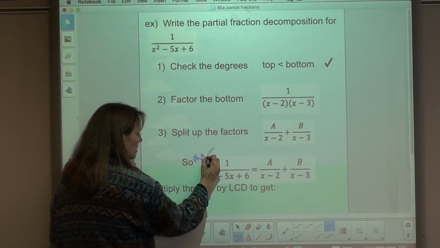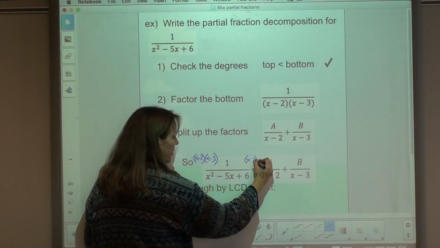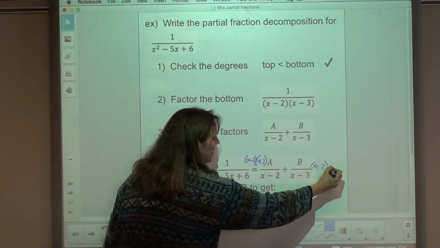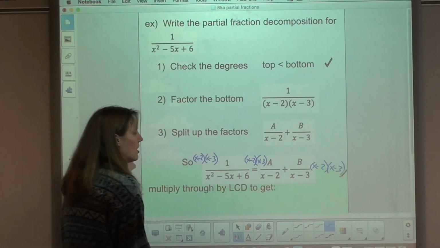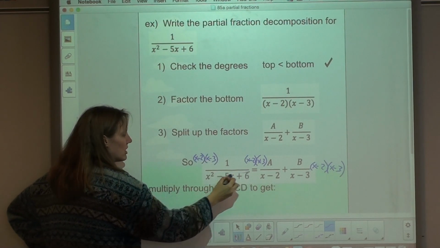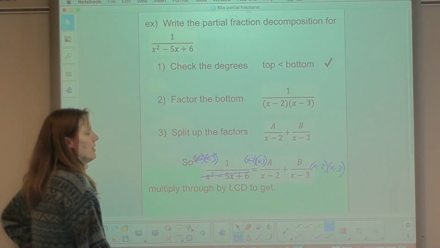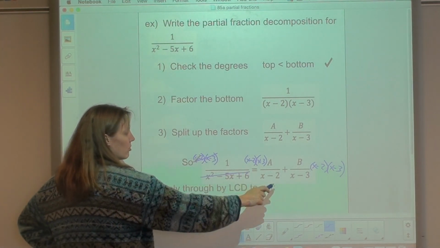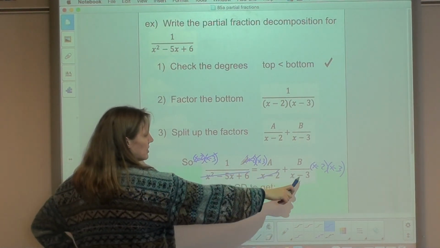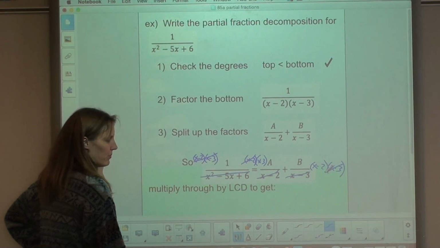So when you multiply every term, both sides, on the left side, the x minus 2 times x minus 3 is equal to the entire denominator, and the whole thing cancels, and you're just left with 1. For this term, the x minus 2 cancels, so you're left with a times x minus 3. And for this term, the x minus 3 cancels, and you're left with b times x minus 2.